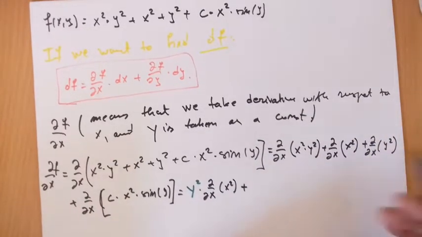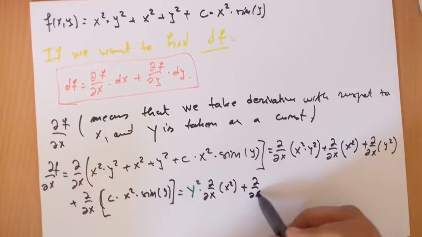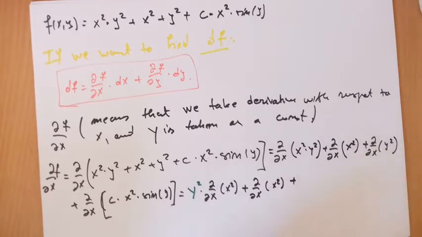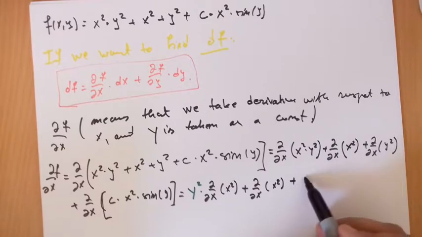Then the y squared term is a constant, so its derivative is 0.